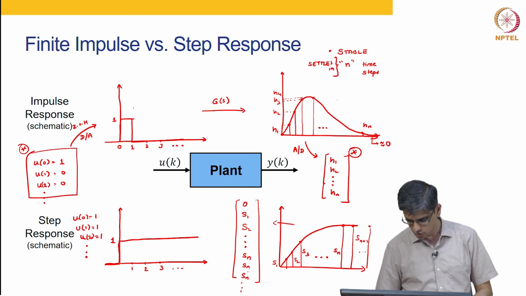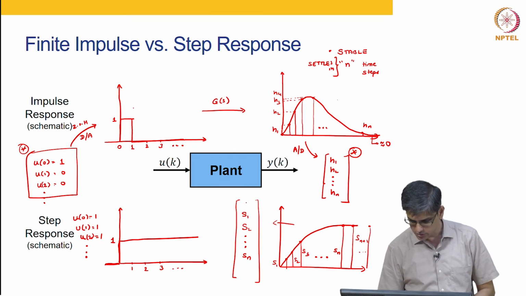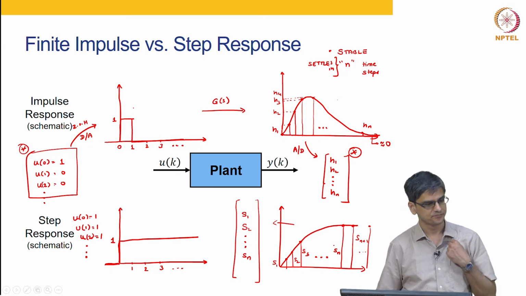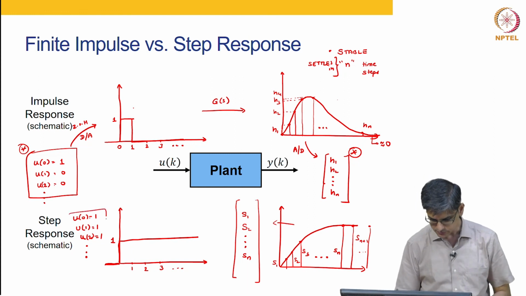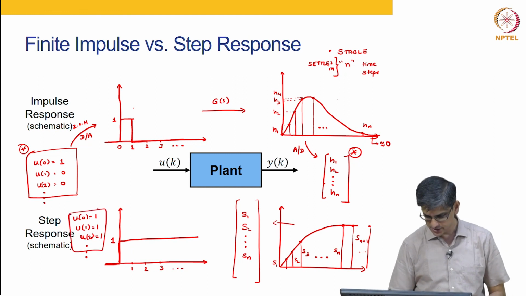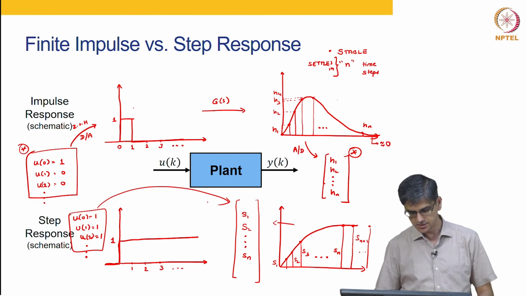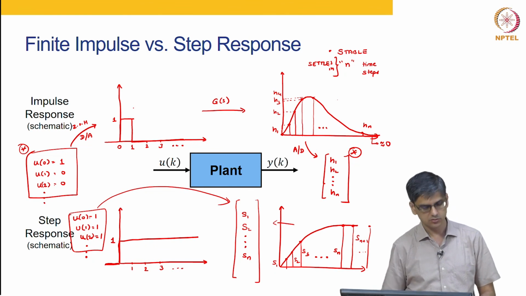As we did before, we are going to ignore all of this, we are only going to talk about S1 to Sn or H1 to Hn. Again, S1 to Sn is a response to an input of this type.